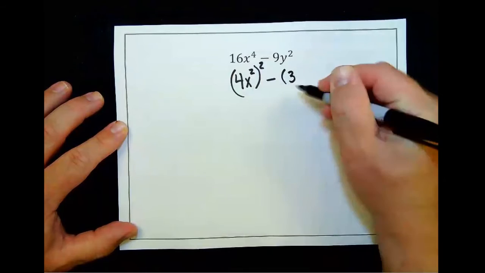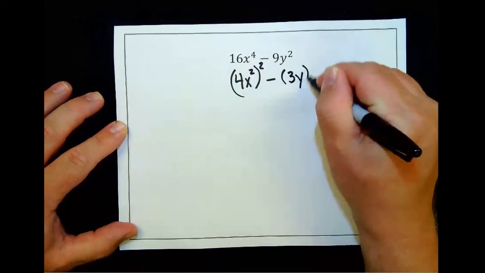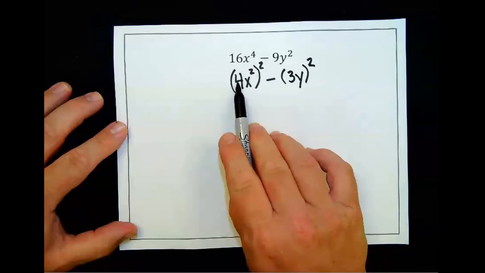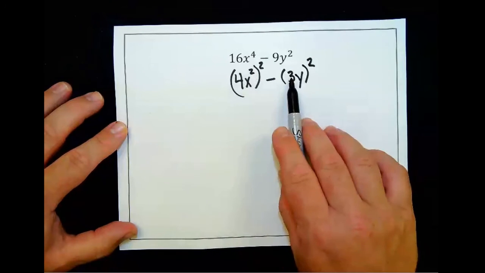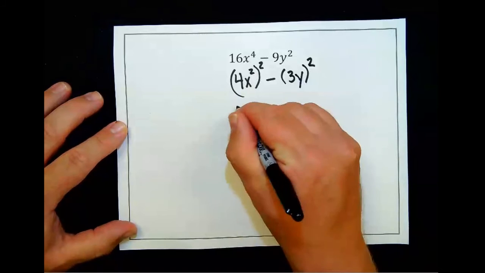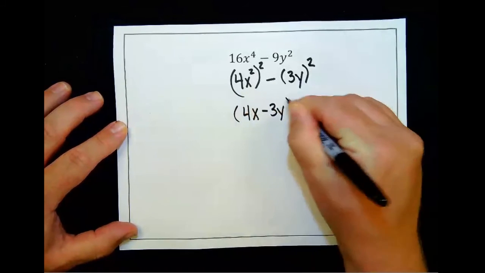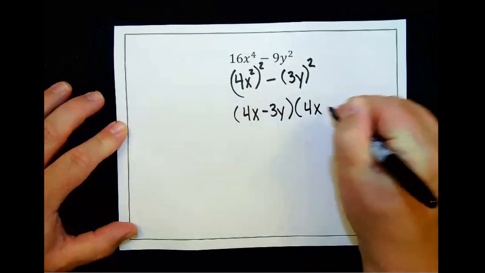That's 3. And y squared. So 16, x to the 4th, 9, y squared. I got my terms. 4x minus 3y, 4x plus 3y.